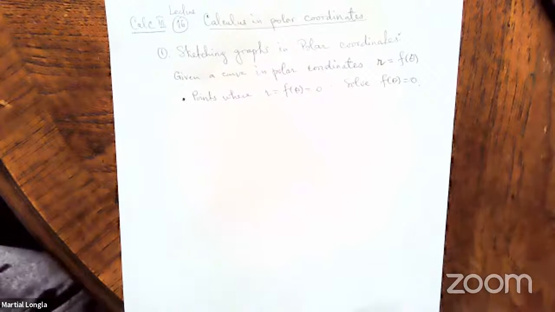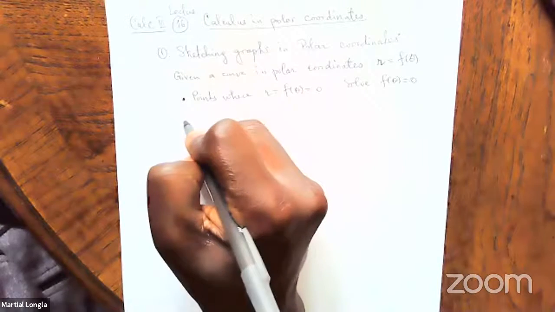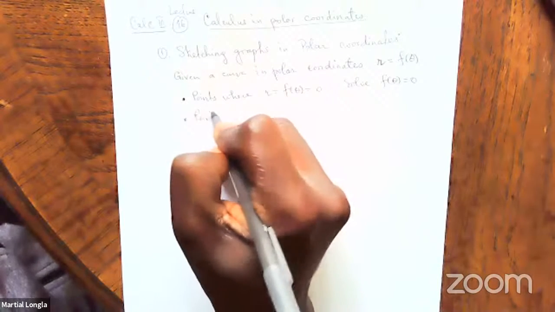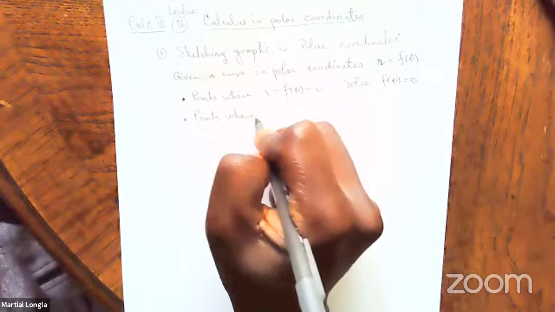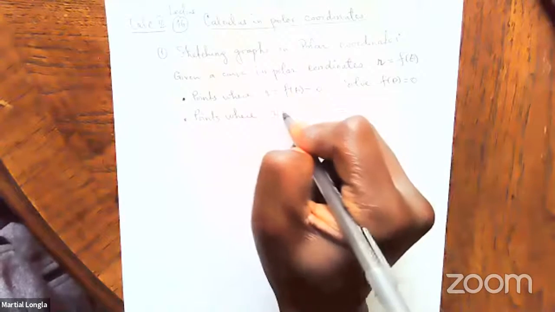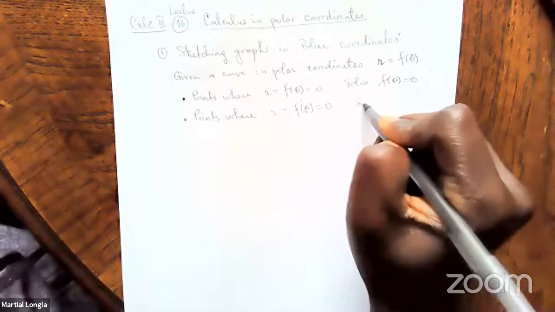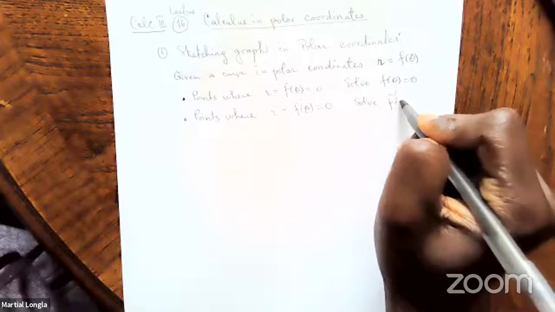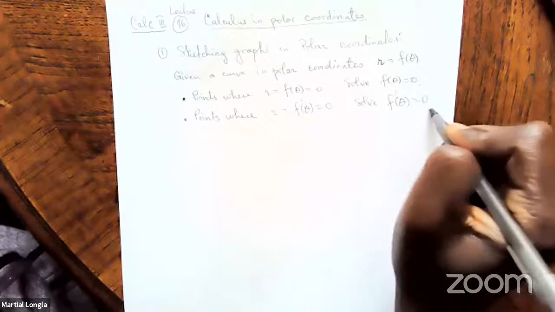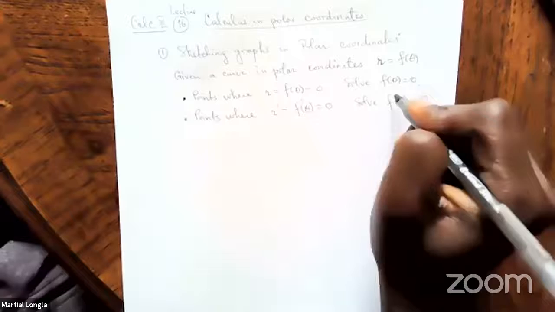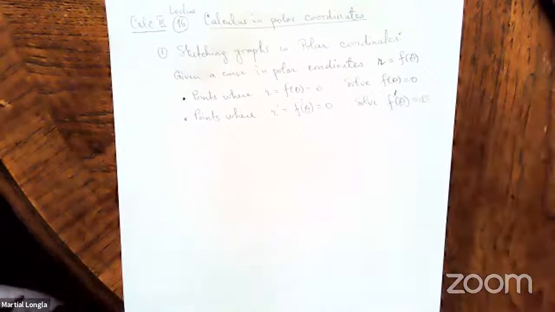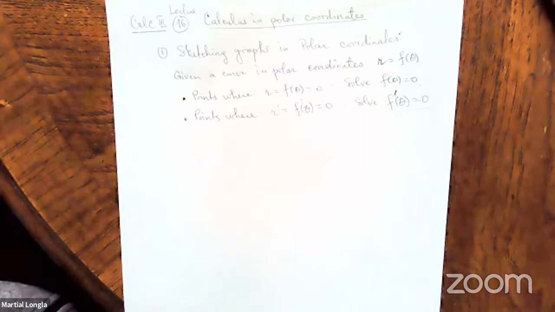And so that will be the second thing here: r prime equals f prime of theta equals 0. So technically that means solve f prime of theta equals 0. And again, when you do this, you find all points where the radius is possibly reaching its maximum or minimum.